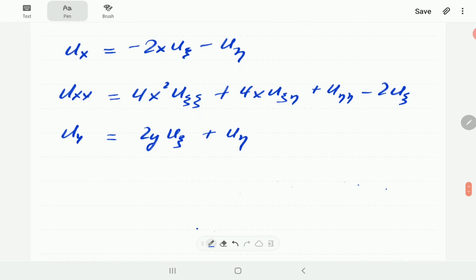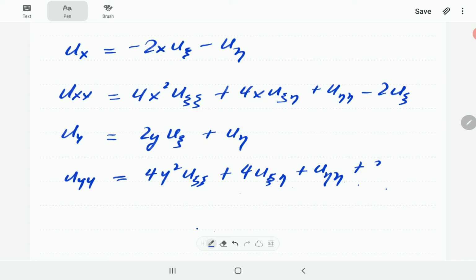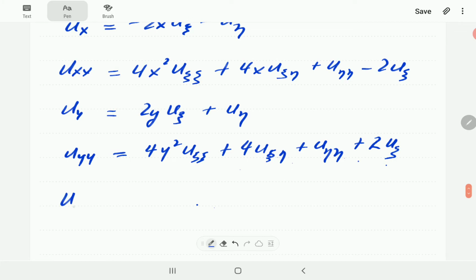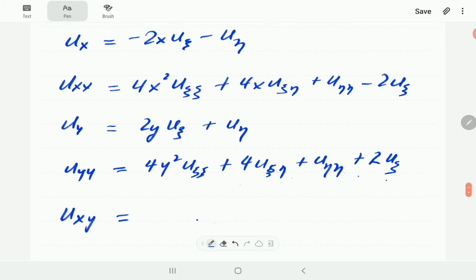Okay, so u_yy is going to be 4y squared u_xixi plus 4y u_xi eta plus u_eta eta plus 2u_xi. Then u_xy, so that one is going to be negative 4xy u_xixi minus 2 into (x plus y) u_xi eta.